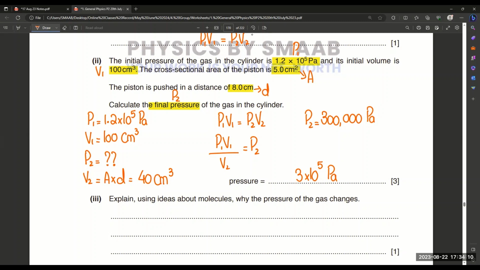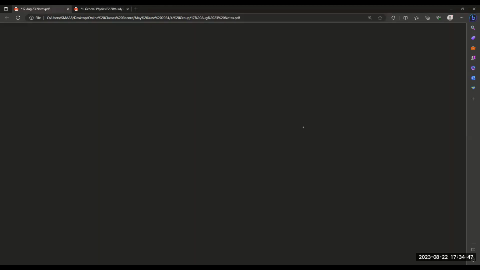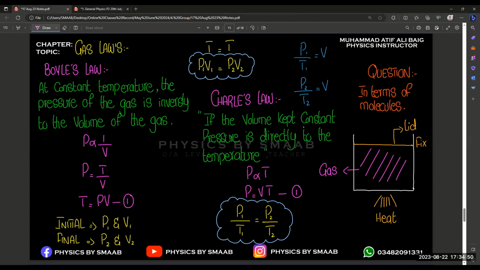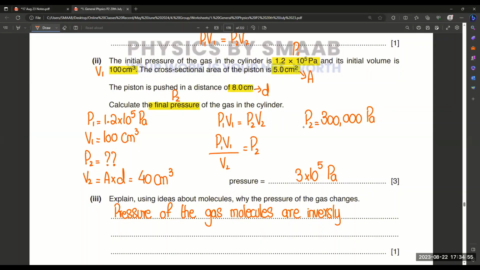So we can say that pressure and volume of the gas molecules are inversely proportional. Wait, inversely or directly? We are working with Boyle's law at constant temperature. Okay, sorry, my bad.